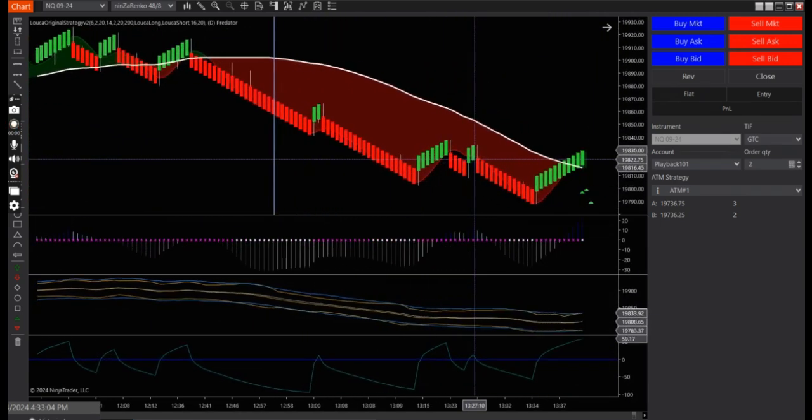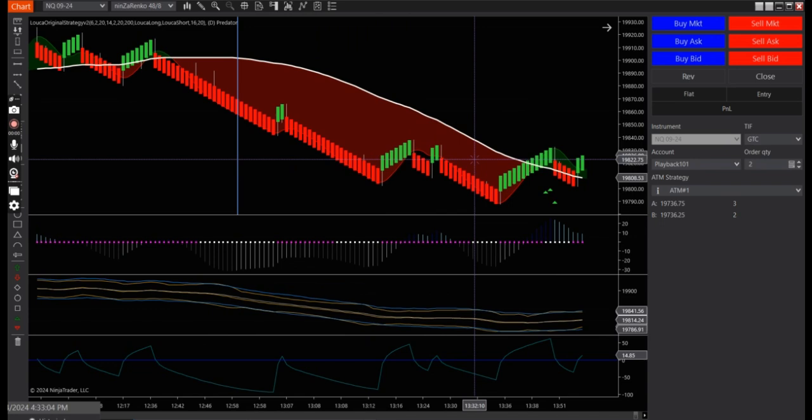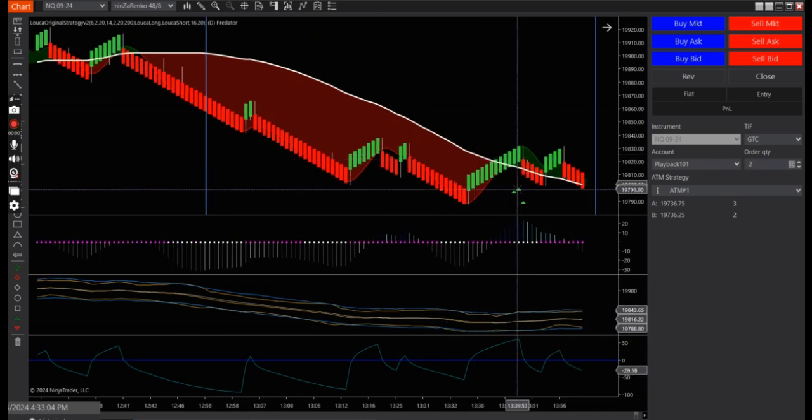It went into this candle, and for some reason it took a long on this candle. So those are the 3 losing trades.